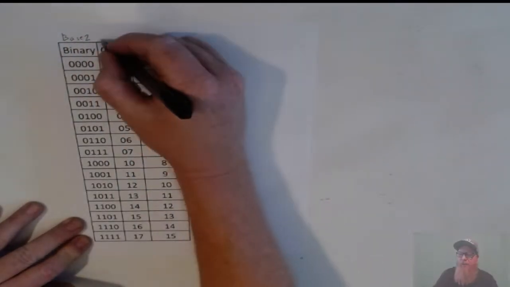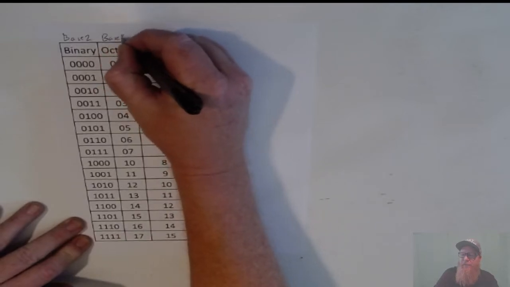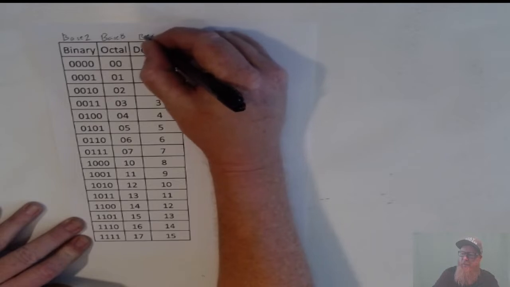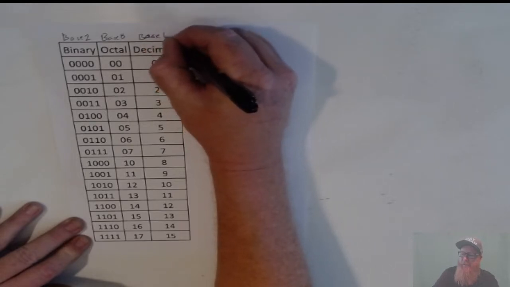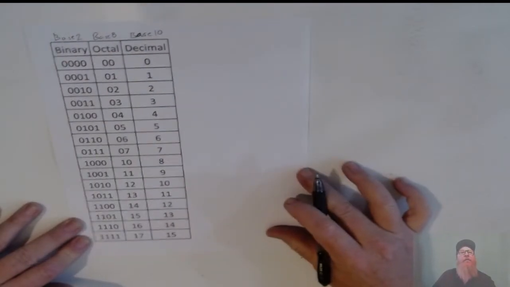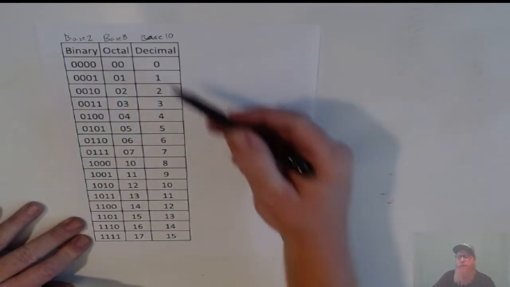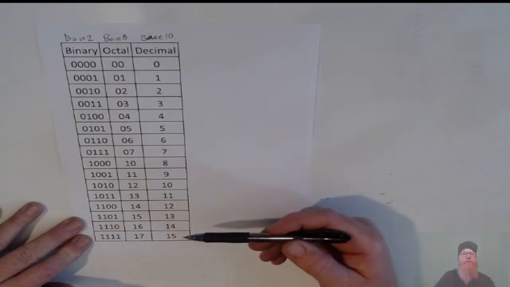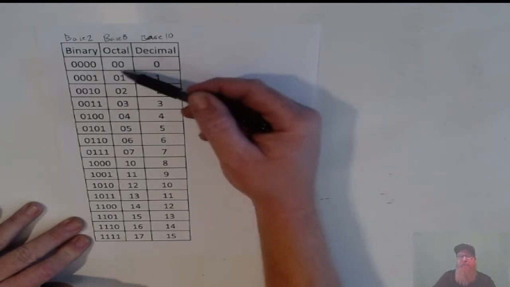I have octal, base 8. And I've got the decimal, traditional, base 10. So we've got our different number systems. The one that you're very familiar with is the base 10 number system. Then I have the octals.